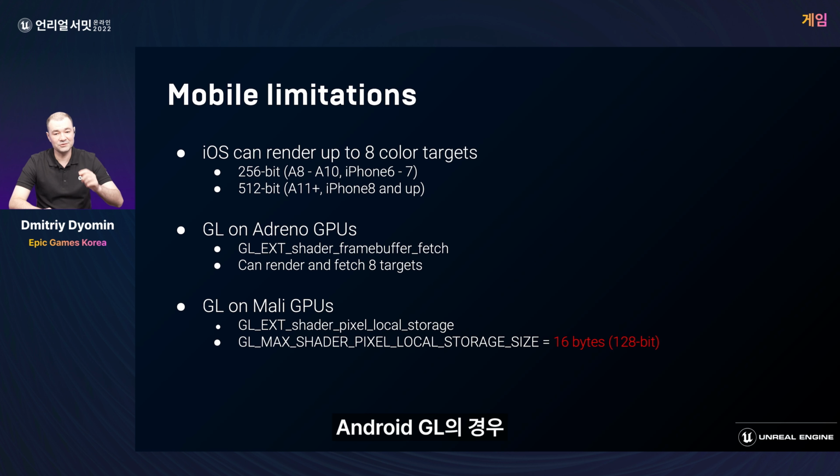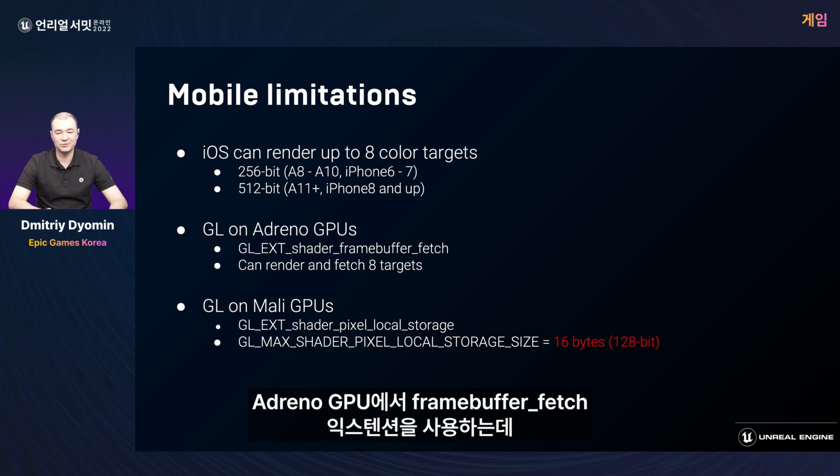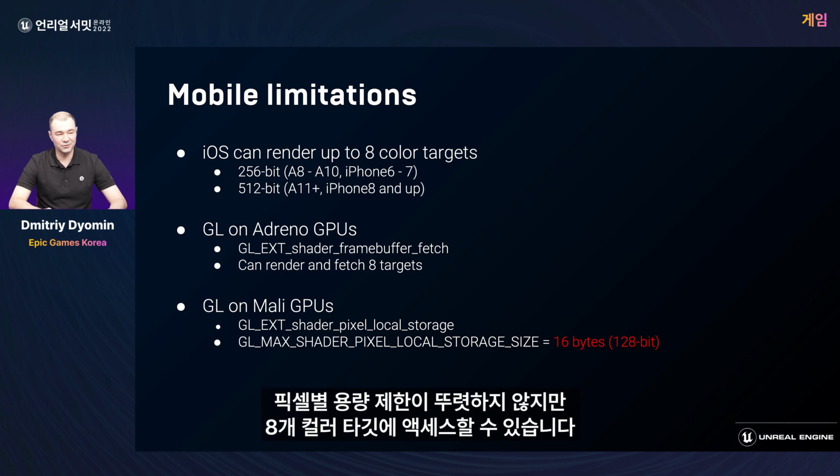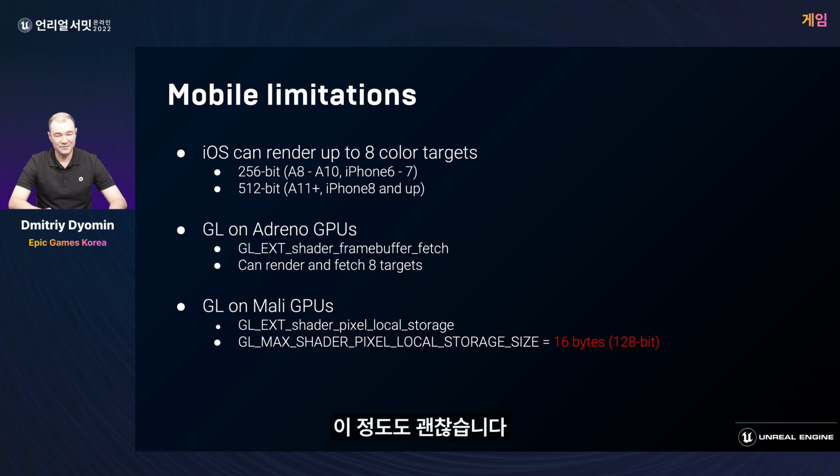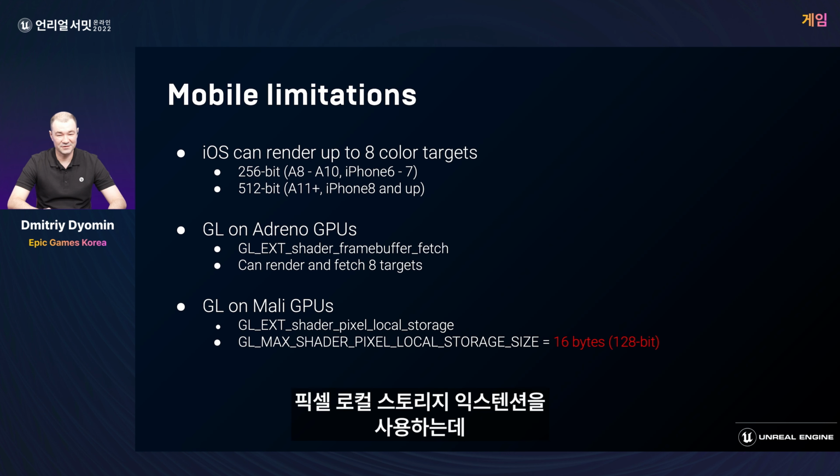If we look at Android GL, on Adreno GPUs, we use the frame buffer fetch extension, and it allows you to access 8 color targets with no apparent per pixel restrictions. So we are fine here. However, on Mali GPUs, we use the Pixel Local Storage extension.